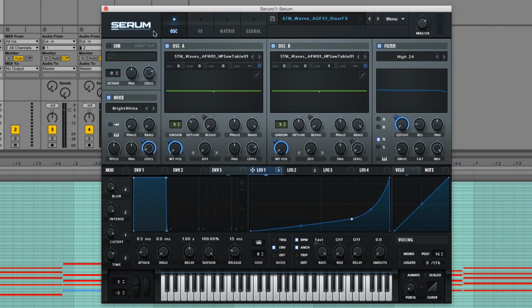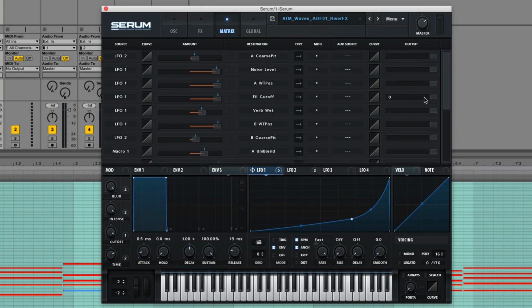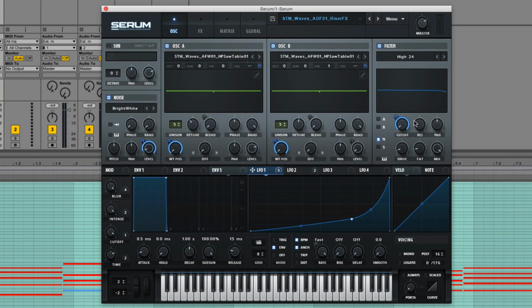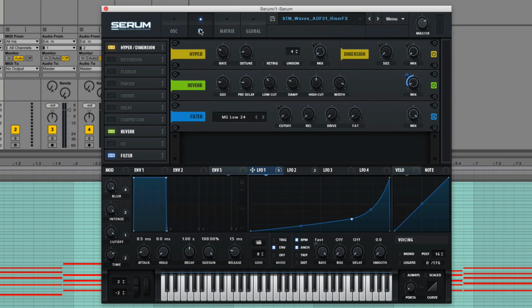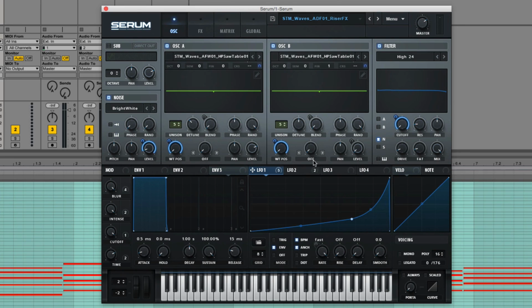And then filter 1, 2, 3, 4. It's on the reverb. Whenever I can't find it, it's always on the FX. Okay.